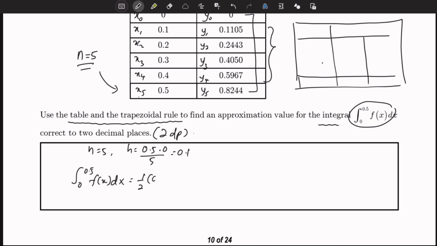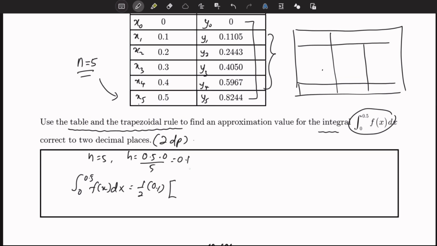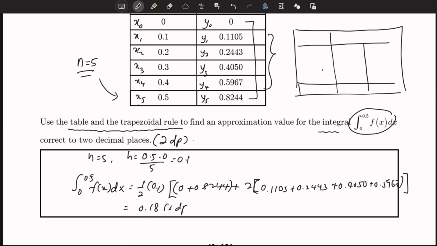Half of h, 0.1, and then we take out the values: y0 plus y5, so 0 plus 0.8244, plus 2 times the intermediate values 0.1105 plus 0.2443 plus 0.4050 plus 0.5967. Just press your calculator, so we have 0.18 to 2 decimal places.